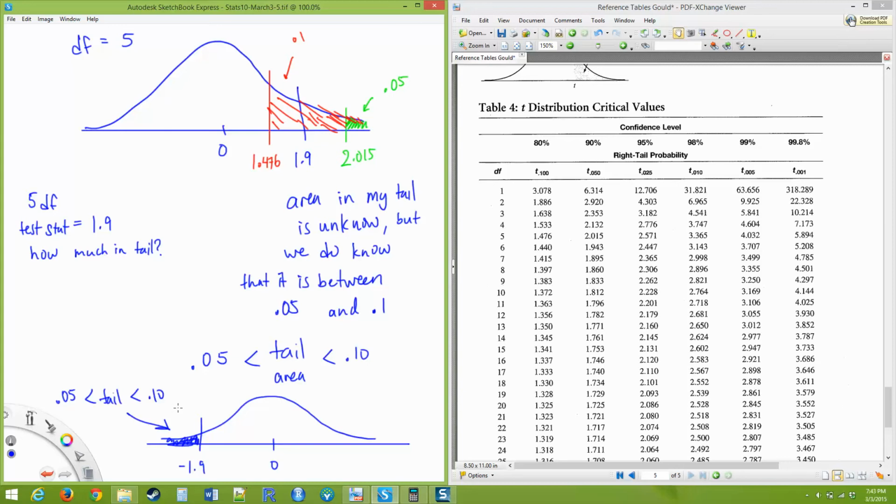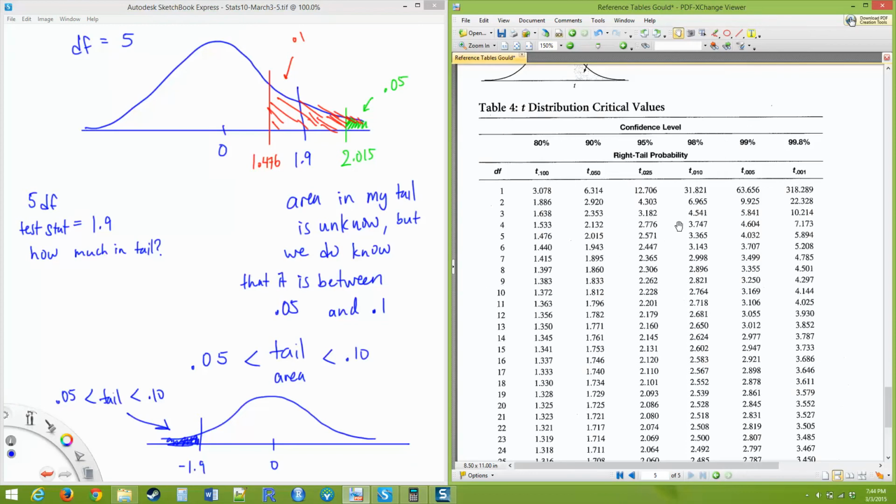So when we look up positive 1.9, you can just go straight to the table. If you have a negative number, you can also go straight to the table. Just ignore the negative sign, look up the positive version, but realize that instead of the right tail, you now have the left tail. It's exactly the same numbers, it's just now you're doing the negative side, and it's the left tail.